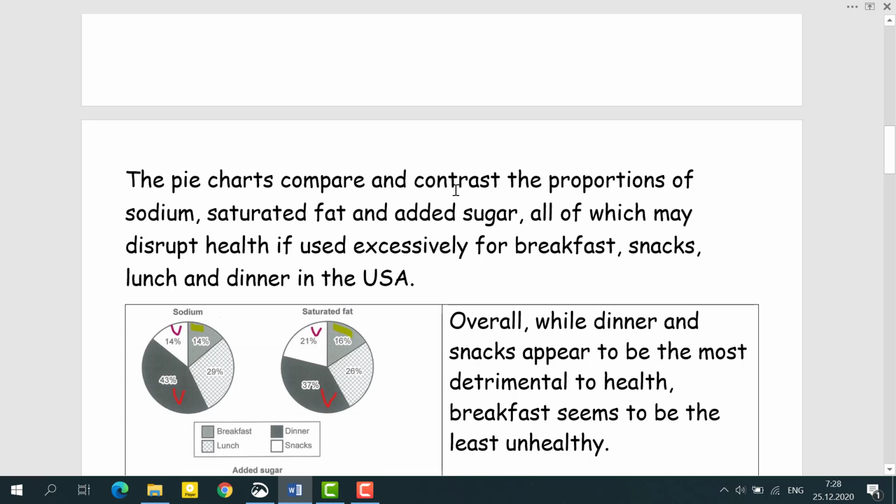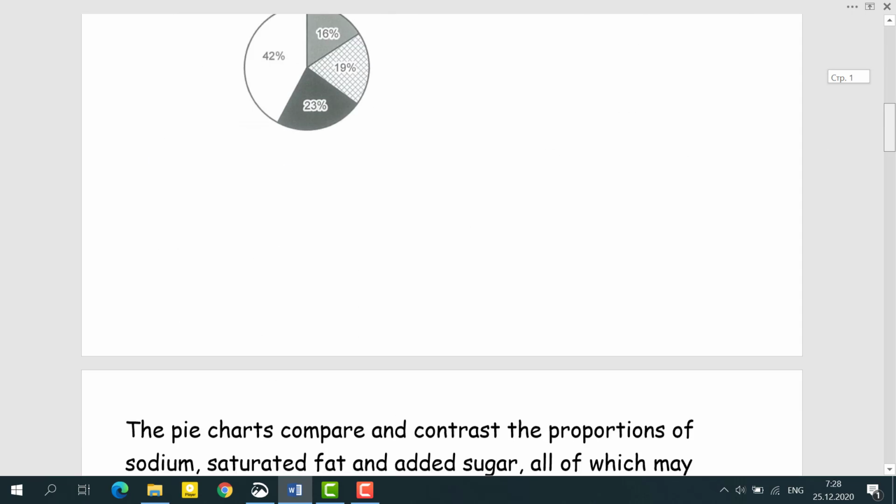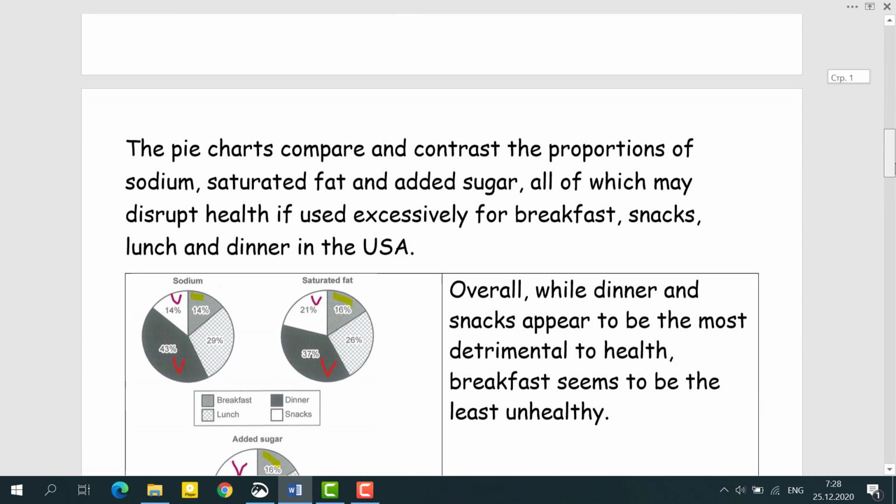When you're contrasting something, you are focusing on something different. Next, we have percentages, the average percentages. And I have paraphrased these 2 words by writing the proportions of. So remember, when you're talking about the percentages, you can paraphrase this word and write the word proportion. So the proportions of sodium, saturated fat, and added sugar.